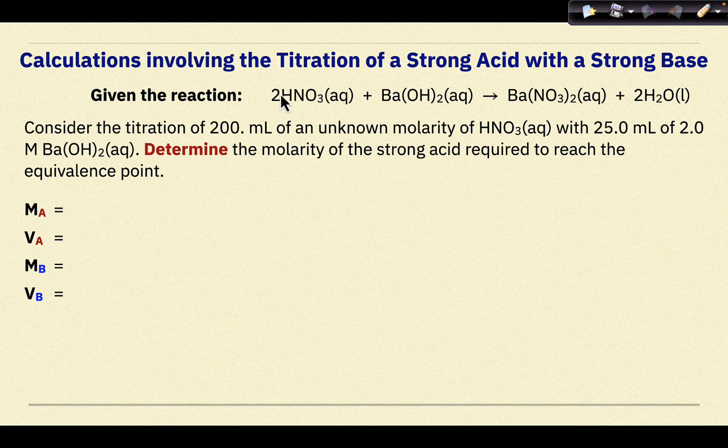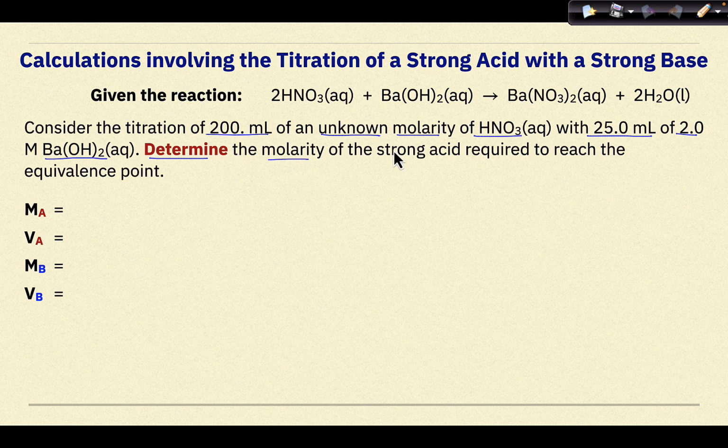Given the reaction, 2HNO3 plus Ba(OH)2 yields Ba(NO3)2 and 2H2O. This equation is balanced. Consider the titration of 200 milliliters of an unknown molarity of HNO3 with 25 milliliters of 2.0 molar Ba(OH)2.